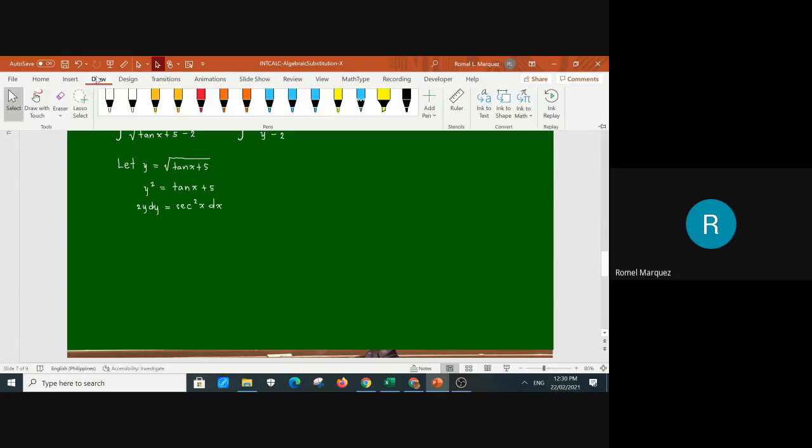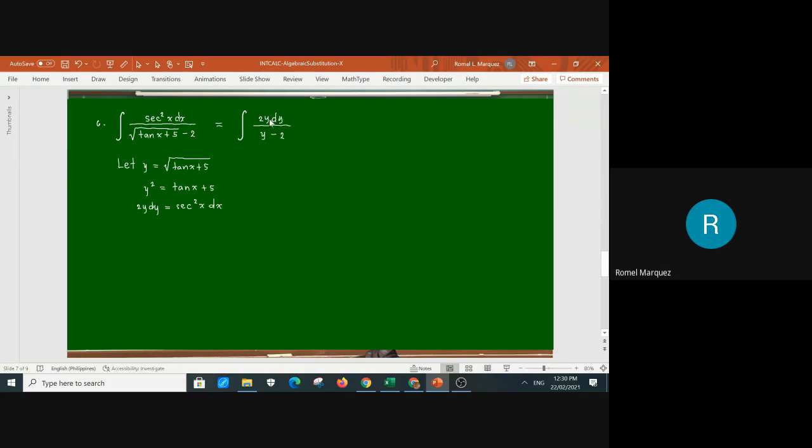Then, after that, what comes next? So, it's long division, no? The degree of the numerator is equal to the degree of the denominator. That is an improper rational function. So, let's divide. We can write 2y as 2 times y minus 2, plus 2.